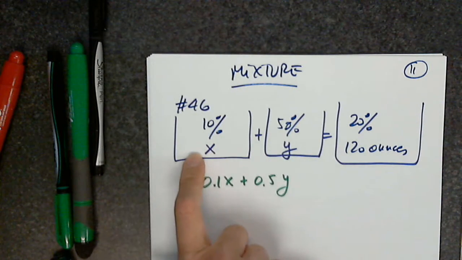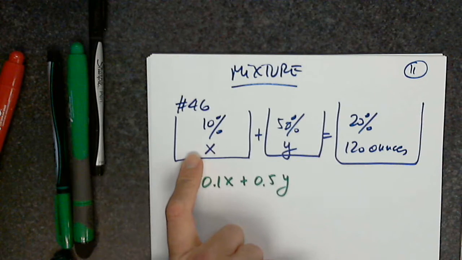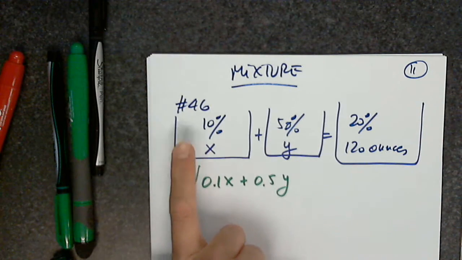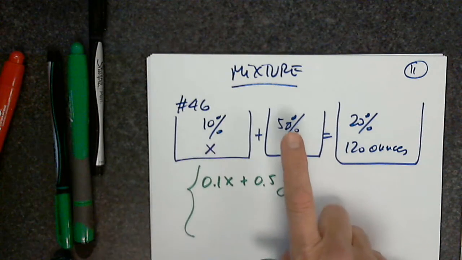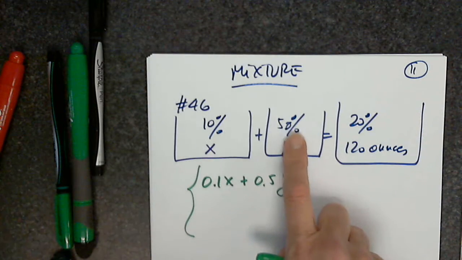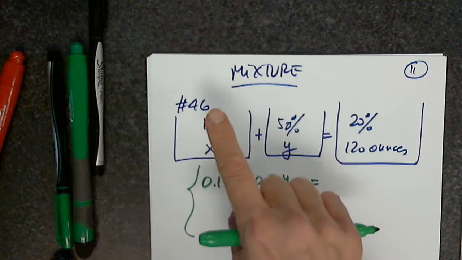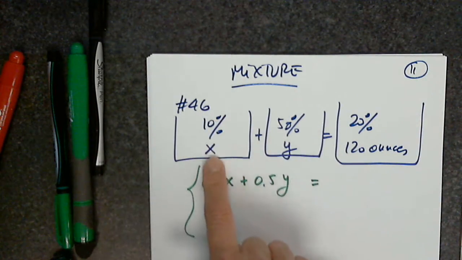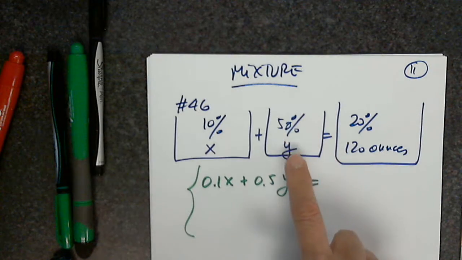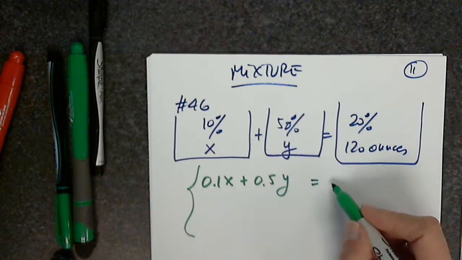Which gives you the number of pure ounces of acid in the first solution. Excellent. Plus the number of pure ounces of acid in the second solution. Keep this in mind. Concentration times quantity plus concentration times quantity. Now I'm ready for the answer.